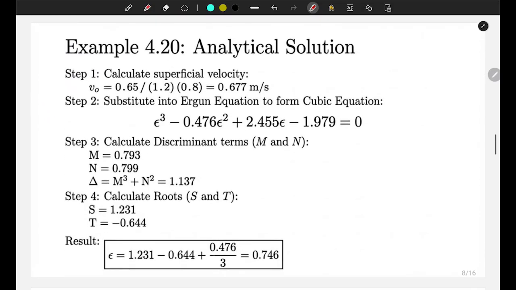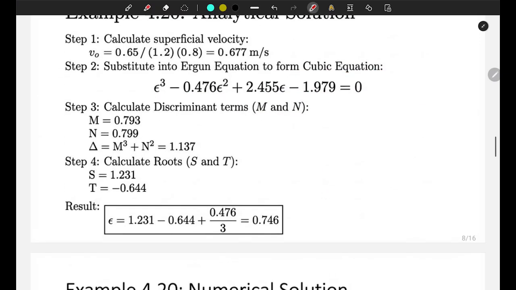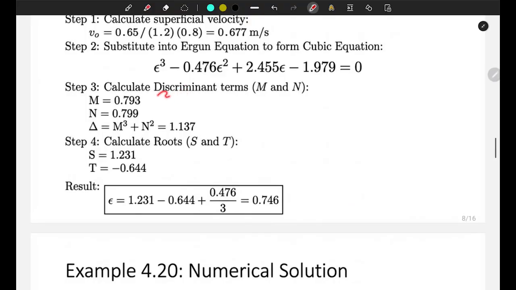The analytical solution, for which step 1 is to calculate the bed superficial velocity, and then substitute in the Ergun equation. We get a cubic equation for the porosity, and for solving this we use the discriminant terms method, for which m and n come out to be 0.793 and 0.799.